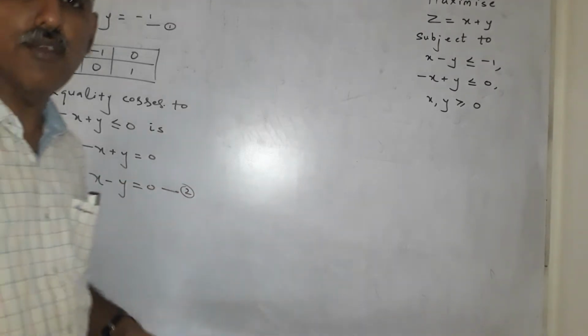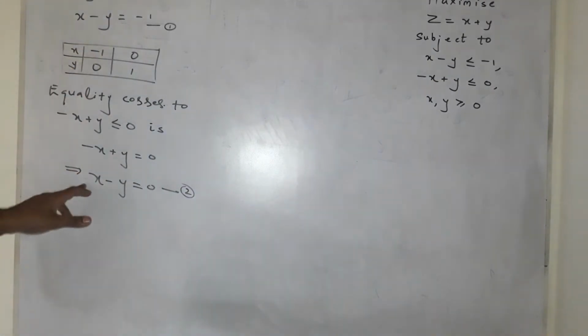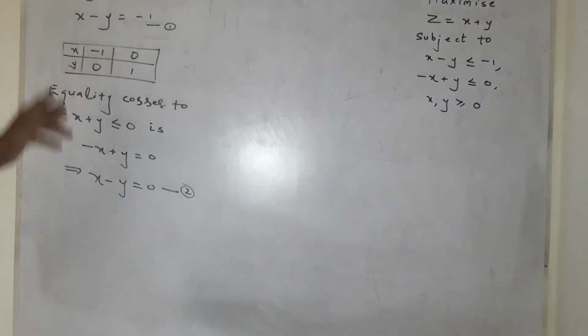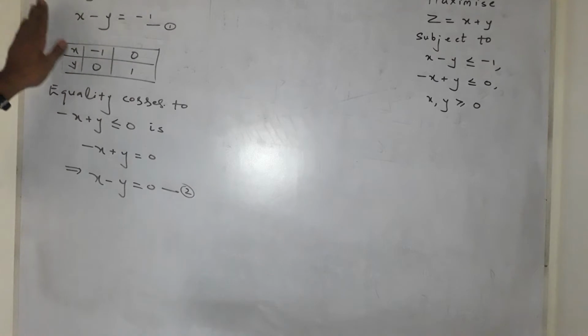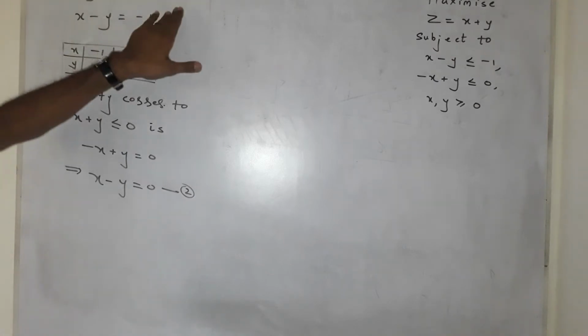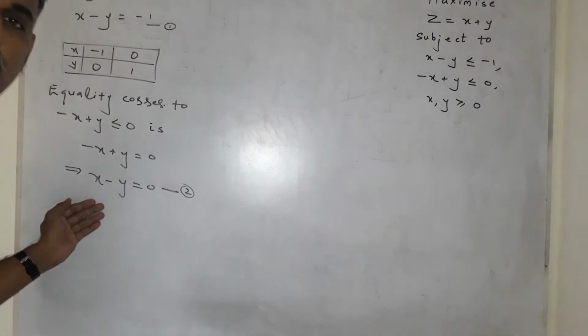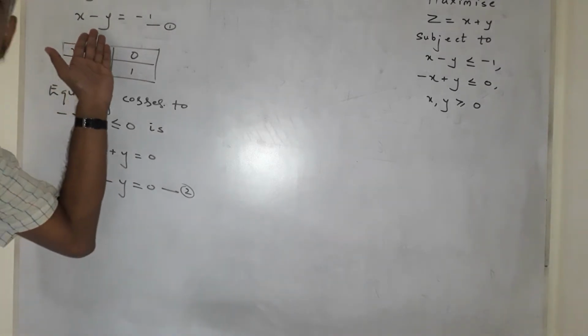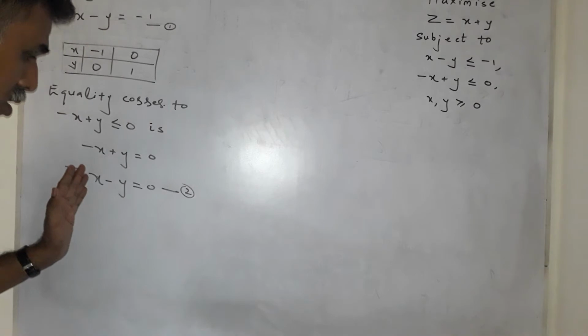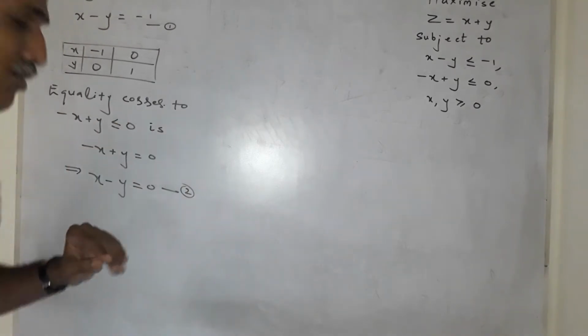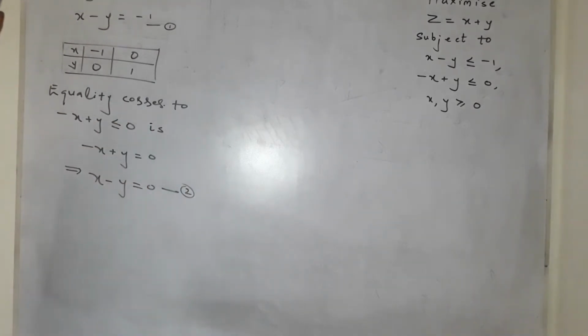What you can find here is that these two equations represent parallel lines. For this one, the x-intercept is minus 1, the y-intercept is plus 1, and for this line, parallel to the line represented by equation 1, it passes through origin. So it is a line y is equal to x. They are not going to intersect.